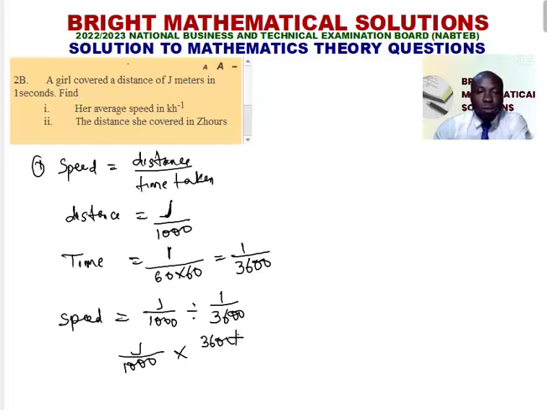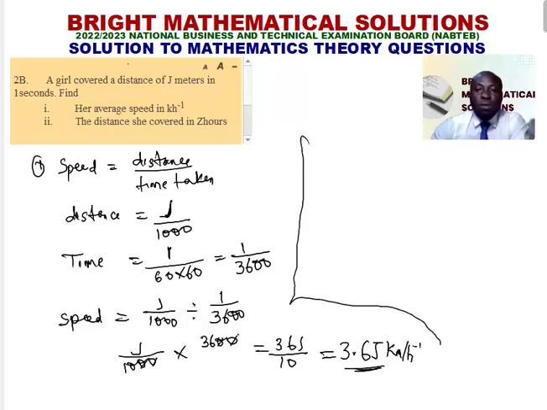So this will cancel this, and this will now become 36J all over 10, and this will give us 3.6J kilometers per hour. So that is the speed she travels.